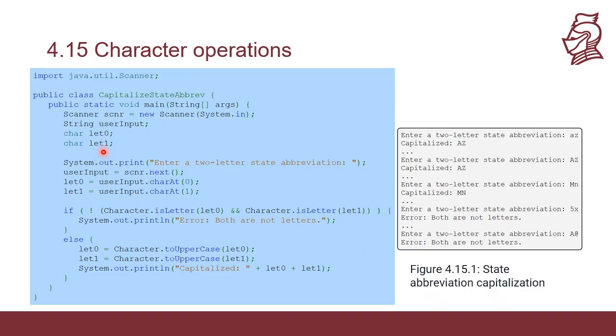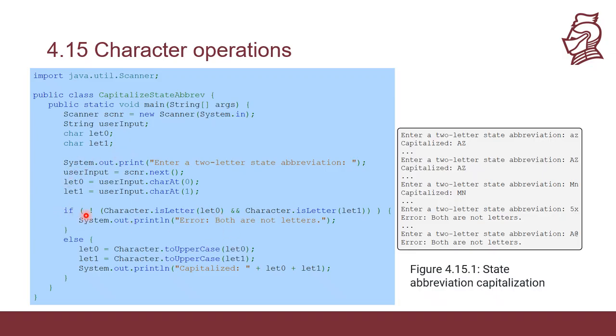And then we scan them in. let0 equals user input. Notice we use the dot next. Then we use userInput.charAt(0). That's the first character. And then userInput.charAt(1) is the second character in this user input string. So that's how you get individual characters out of a user input string if you know the position of the character you want.